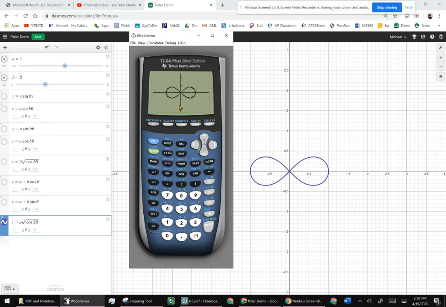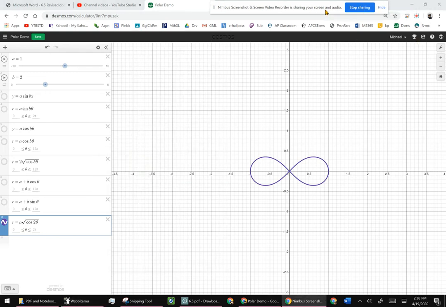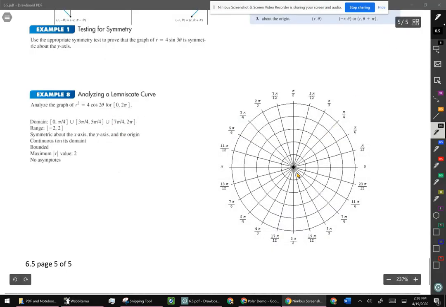Now, why is it missing petals? The reason is that square root part. If I were to solve for r squared, I'd take the square root of both sides. I'd have r is equal to the square root, right? Square root both sides, get 2 square root of cosine 2 theta. Now, if I want to know about cosine for sections, this section over here, cosine comes out negative.